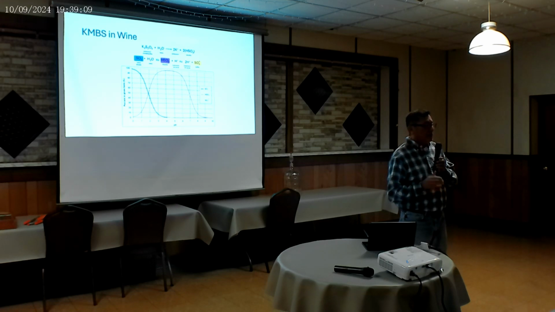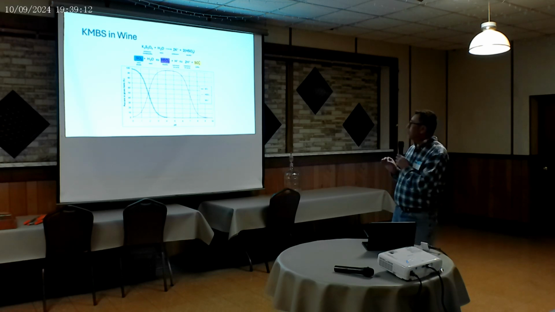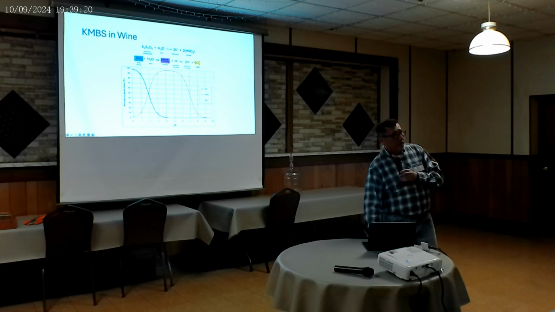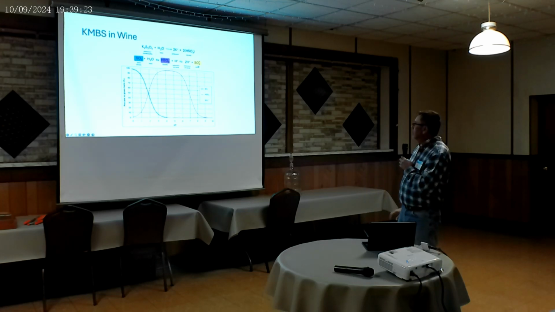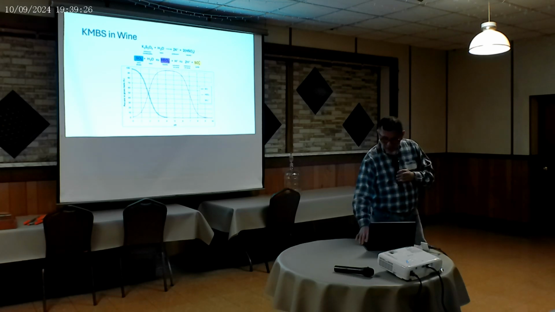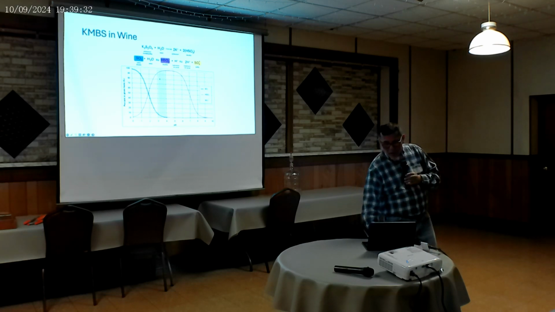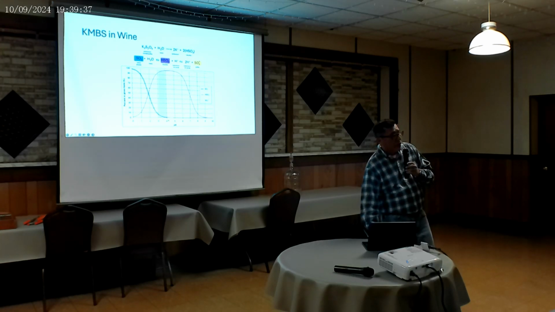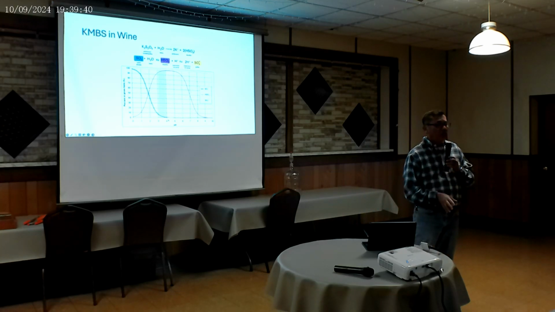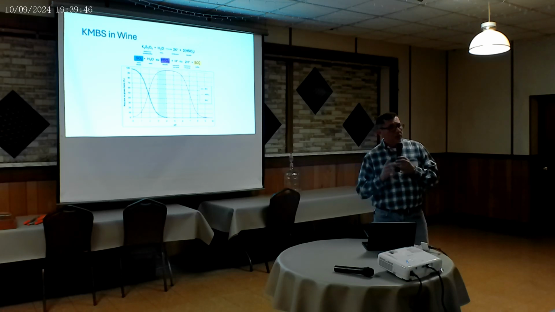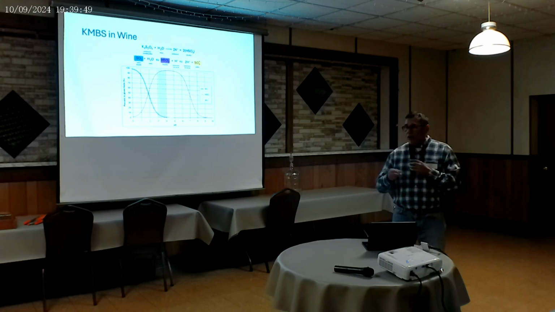All right, and so this is another picture that looks at what happens when you dissolve potassium metabisulfite in the wine. There are 3 species that are generated: sulfur dioxide, bisulfite, and sulfite. But the reality is sulfite really doesn't play a role, because when we make wine, the pH of our wine is in this area right here, between 3 and 4, and that's where most wine pH falls.